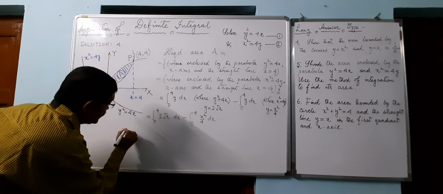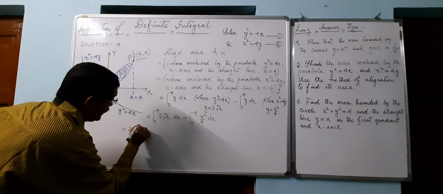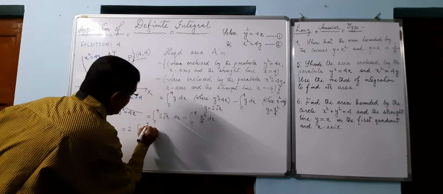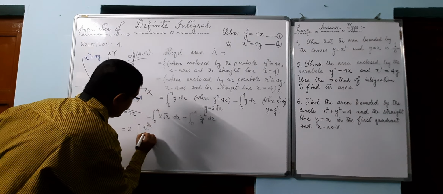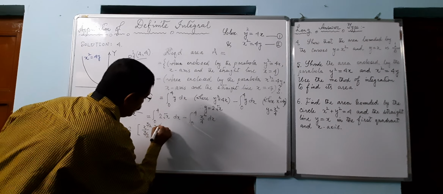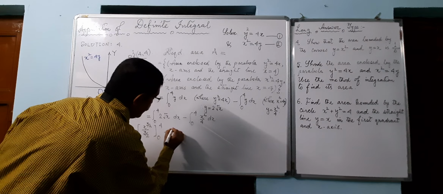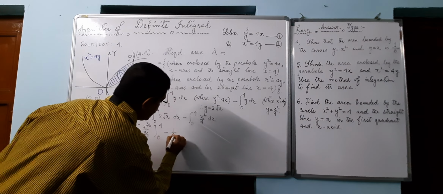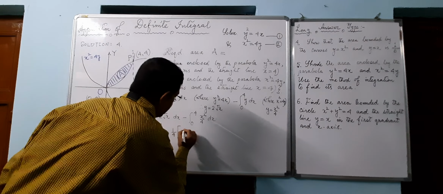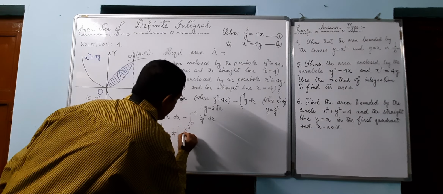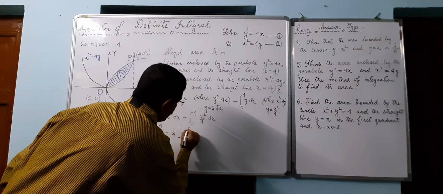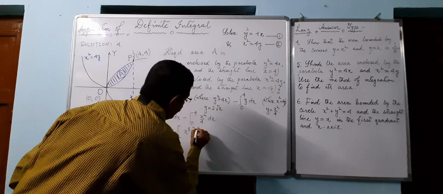So 2, which is constant, and x to the power half dx gives x to the power 3 by 2 divided by 3 by 2, from 0 to 4, minus 1 by 4, which is constant and can be outside the sign of integration, and then the integration of x square gives x cube by 3, from 0 to 4.